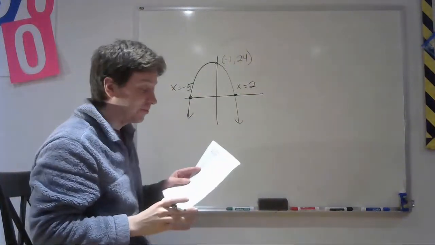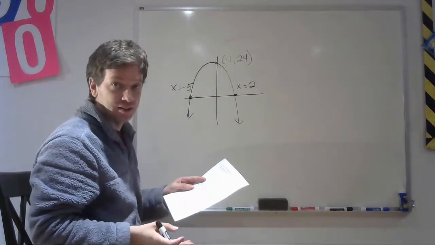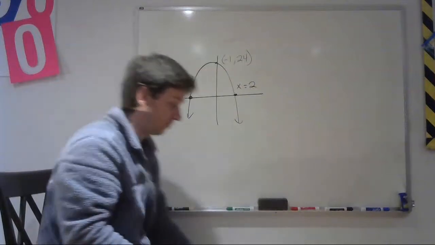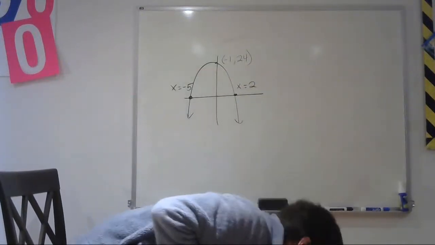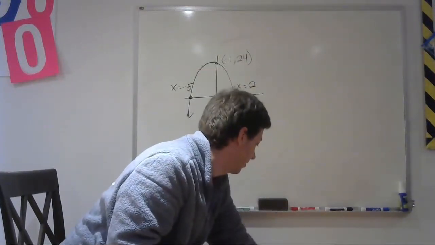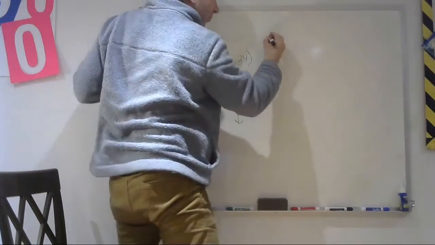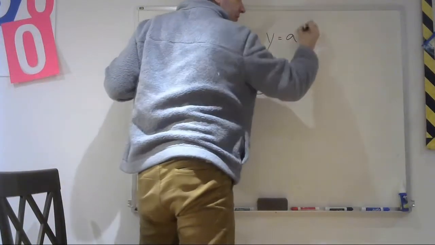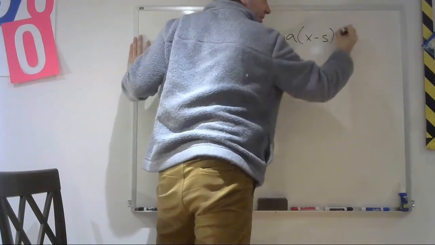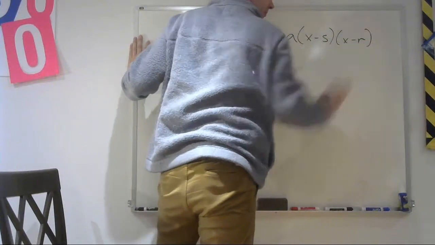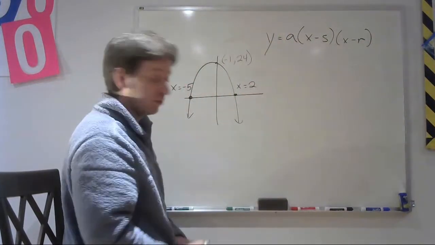Now with this information, we can determine the equation in factored form. The equation in factored form looks like this: y equals a times (x minus s) times (x minus r). So we need to figure out 3 things.